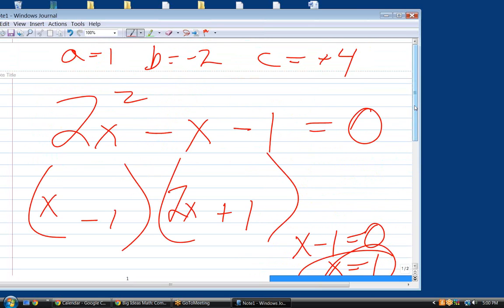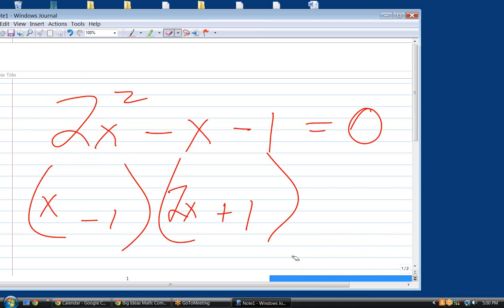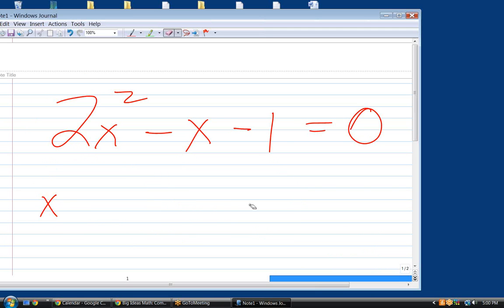So this is extra degree of difficulty because of that. But that's the only thing that makes factoring hard, is when you have a number here other than 1. And then factoring can be a challenge. But it comes down to a lot of trial and error. But they won't give you real hard problems. They're never going to give you a problem like this, because there's too many factors.